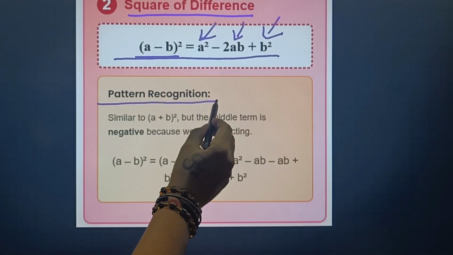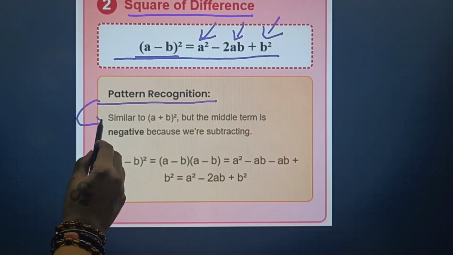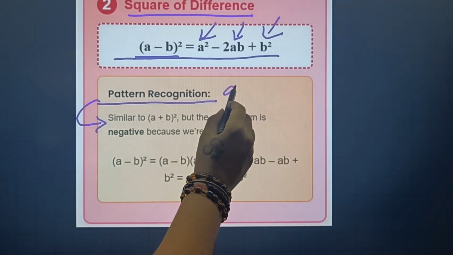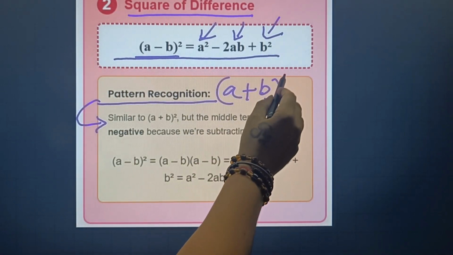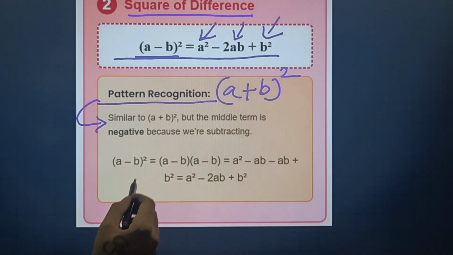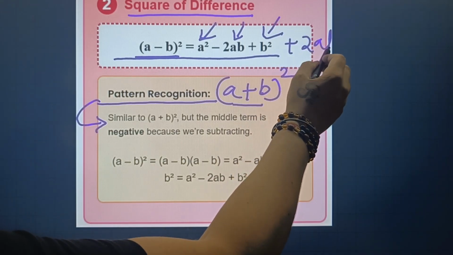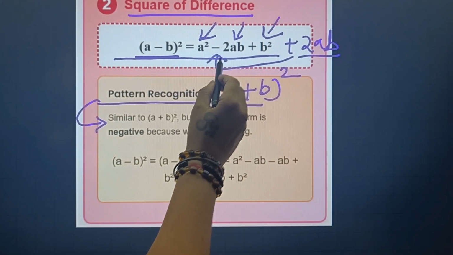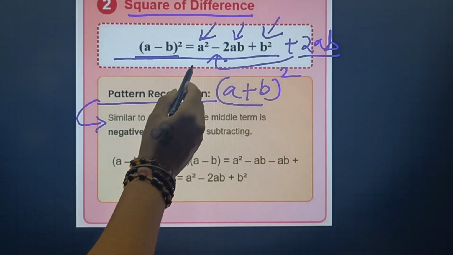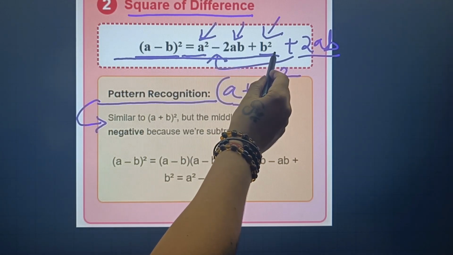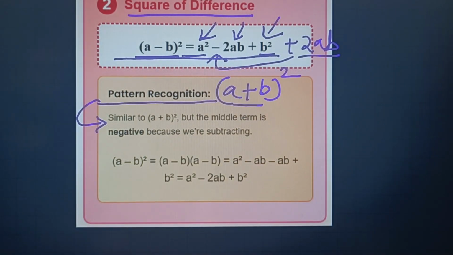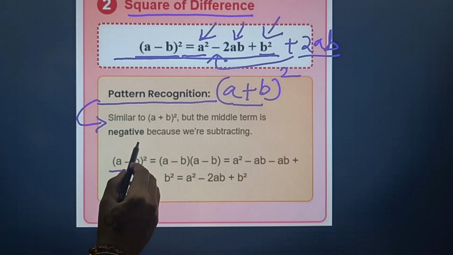If we recognize it with the pattern of our previous identity, which was (a + b)², then we can simply replace plus 2ab with minus 2ab, and the other terms, a² and b², will remain the same.